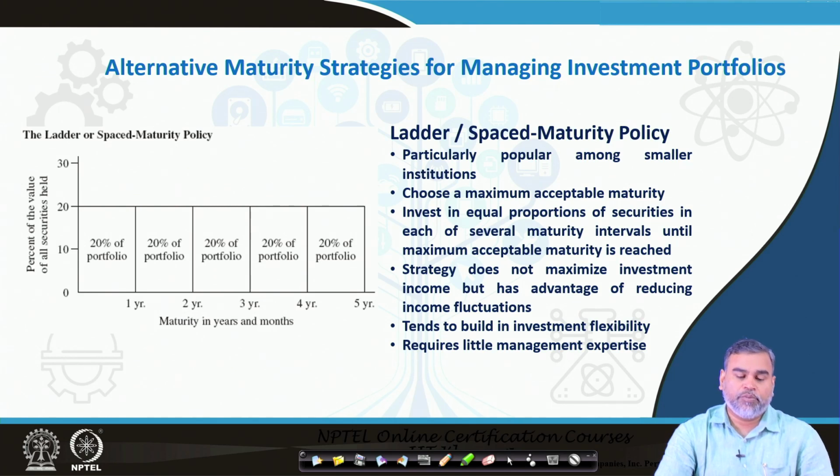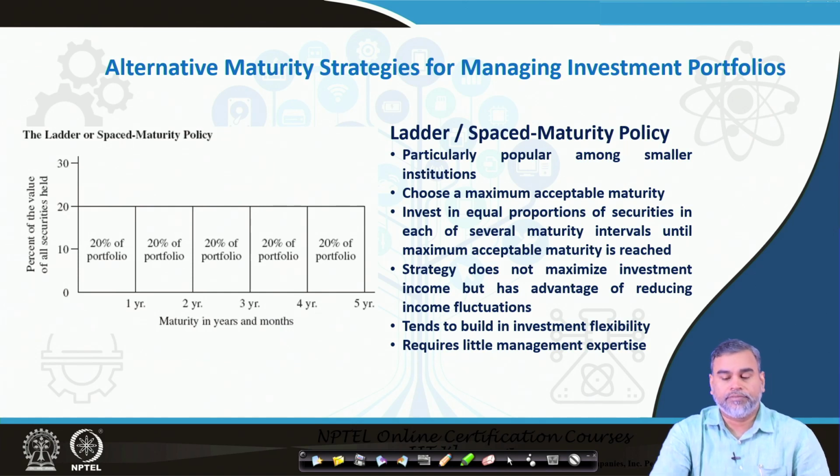So, what is the process here? The commercial banks should choose a maximum acceptable maturity. Then after you decide that acceptable maturity, invest in equal proportions of securities in each similar maturity interval.